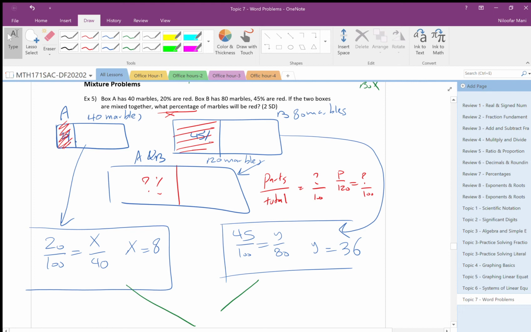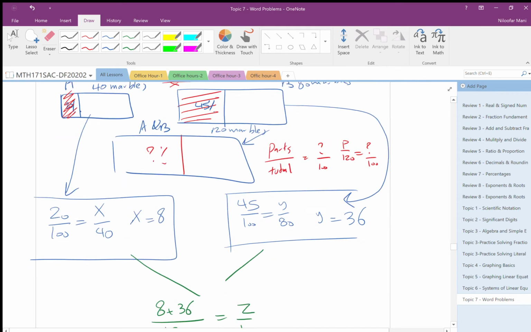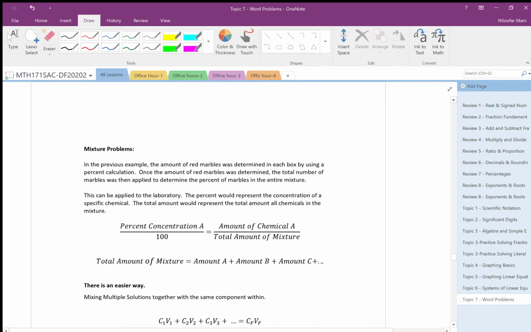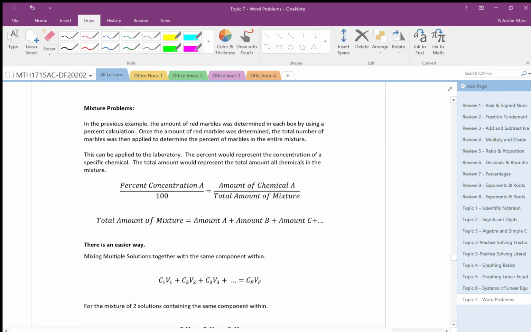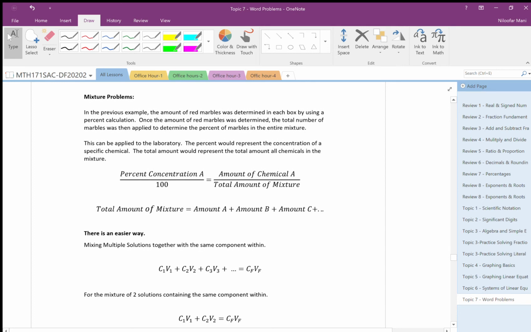It's just the last part of the lesson, where you are finding either parts, or total, or percentage. When you think about the question in the previous example, the amount of red marbles was determined in each box, and then you add them. Then you can find the percentage of red marbles in the last one.